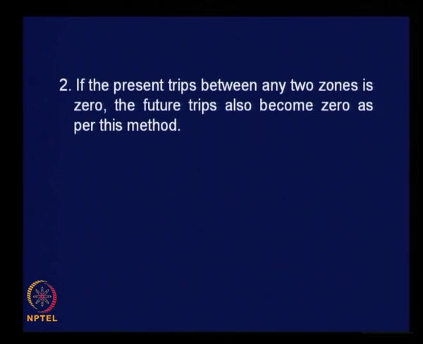As per the growth factor methods, the future trips also will become 0 because the base year value is 0, right? So this is the extreme situation. We are simply trying to reflect the base year condition by growth factor methods.